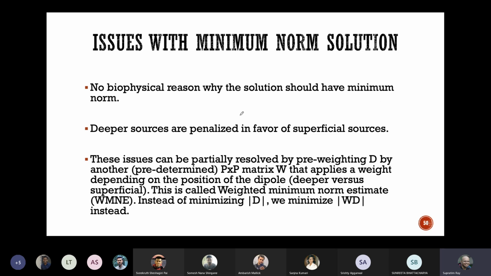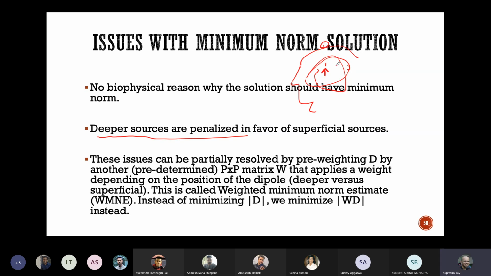But biophysically, there's no reason why that should be the case. Now, a bigger problem is that deeper sources will get penalized. So in your brain, if the source is deep, then on the scalp, the contribution is going to be smaller.